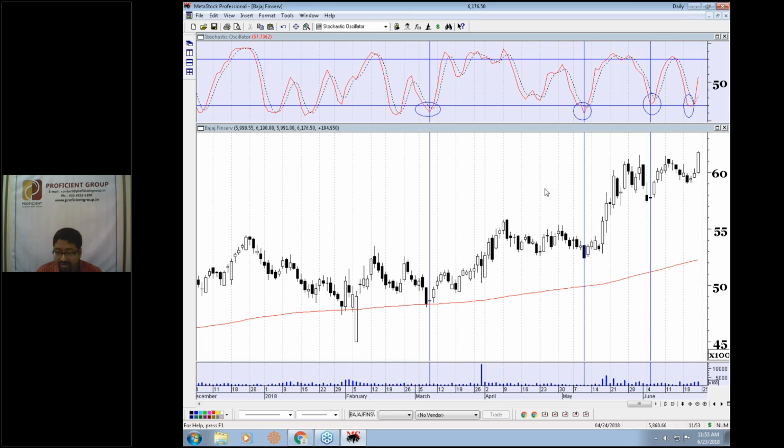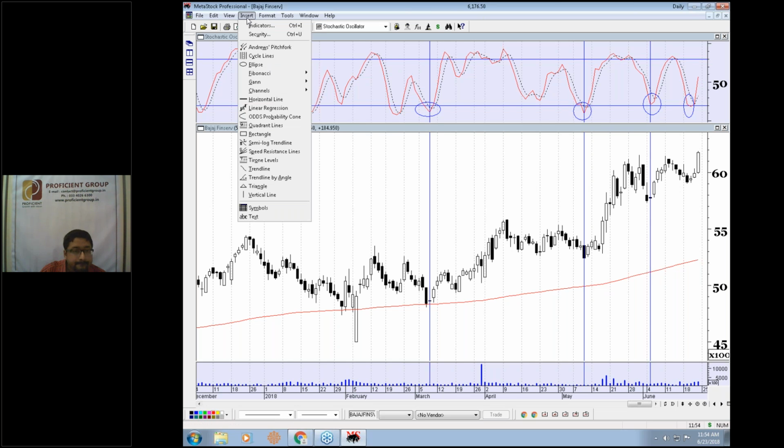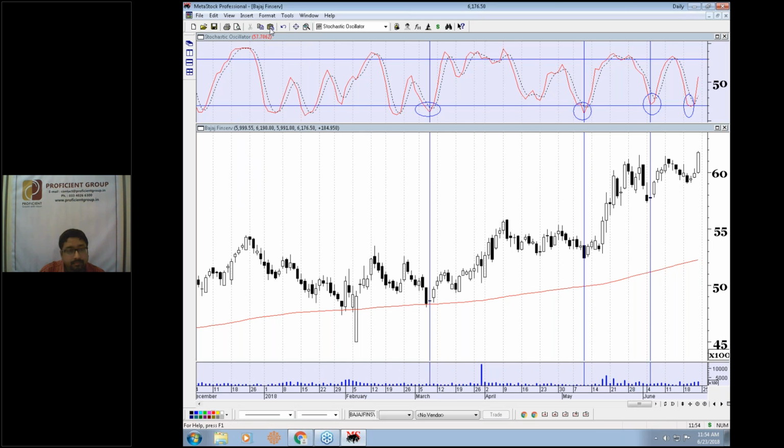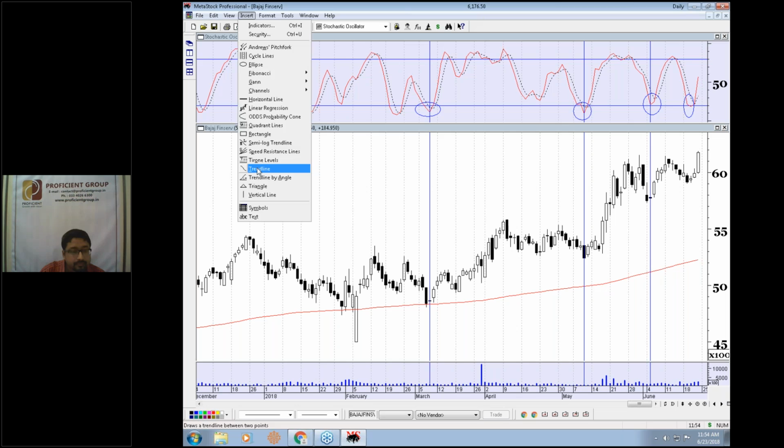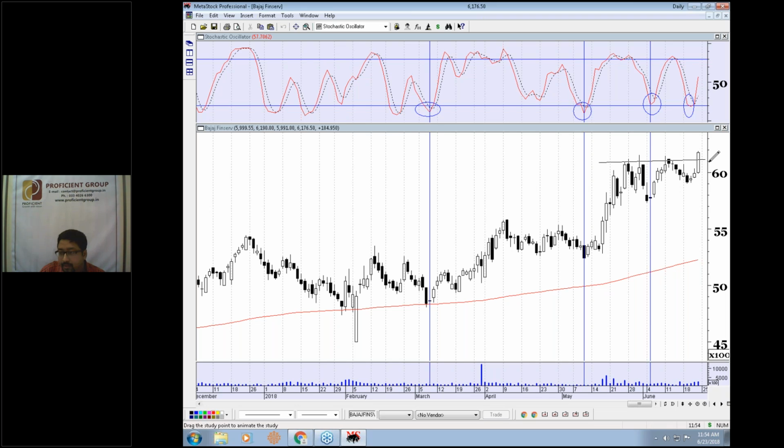You can see the strong nature of this uptrend. Almost at regular intervals, it has been making a higher bottom formation, and I can also see, and I'm showing you here, a sort of ascending triangle breakout.